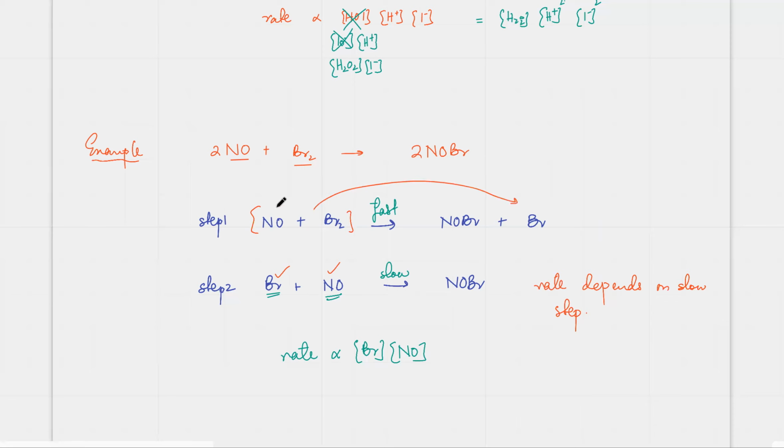Because if the concentration of NO and BR2 is high, then the concentration of BR would also be high. So when I say that rate depends on my slow step, it depends on the concentration of BR and NO. This BR is made in the previous step, and this BR itself is dependent on the concentration of NO and BR2.